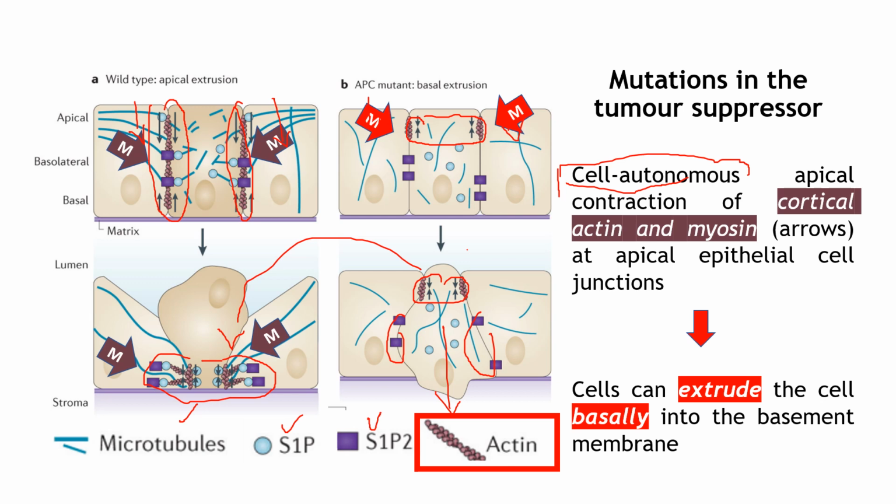But for vertebrates, this is completely atypical. Okay, so I show you what happened with tumor suppressors. Now I'm going to show you how an oncogene can also extrude basally, but it modifies the same components in a slightly different way. Okay, so let's get into that.